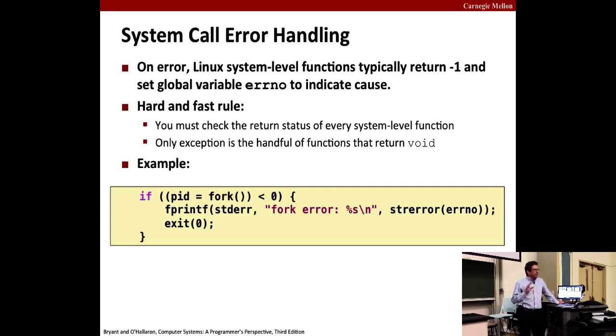You'll get into huge trouble if you neglect to check the return values. So you should never make a system level function call without checking the return value. The only exception is some functions that return void, such as exit or free, which don't return anything.